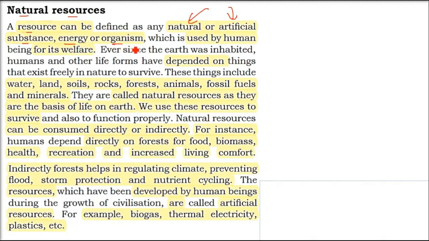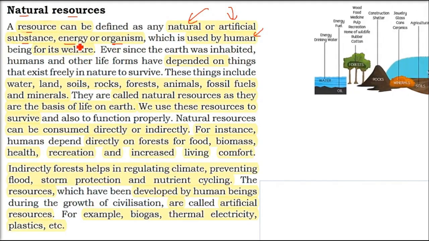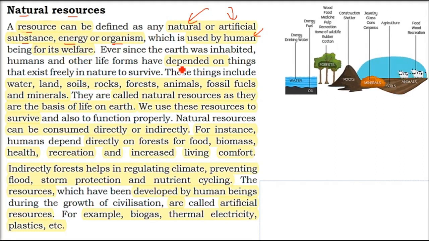But in case of natural resources, natural or artificial both are utilized by human beings. We eat food. We transport through diesel or petrol. So we are depending on the environment. We are depending on Mother Nature to survive. So these are sansadhan, these are resources.